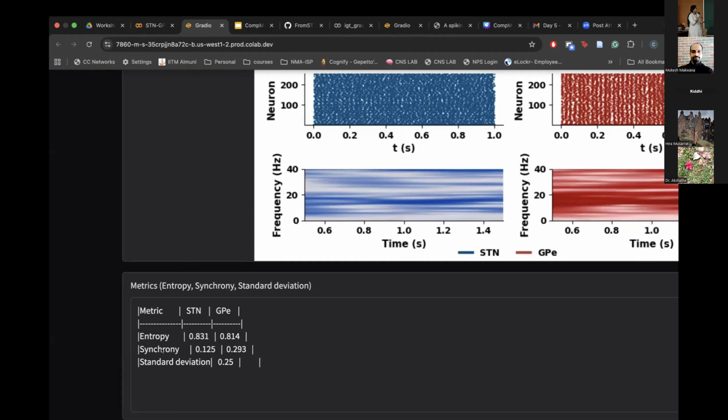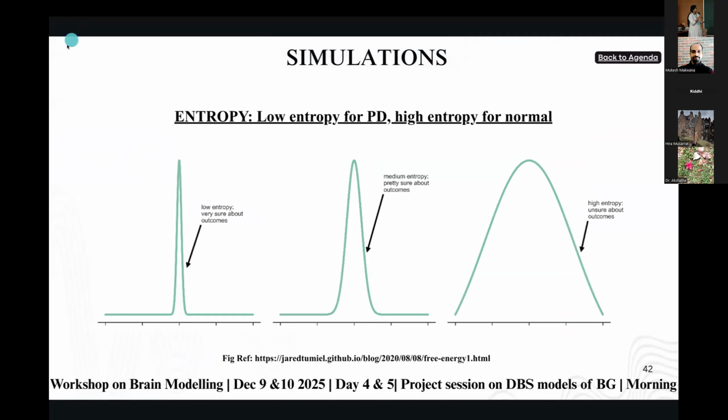Do you guys understand what entropy is in general? Yes, ma'am. Yeah, it is a measure of randomness, right? Now, there's something called spectral entropy. What is spectral entropy? Maybe I'll give you an intuitive understanding. The mathematical formula you can understand later. Intuitively, if I take an FFT spectrum and there is a very sharp peak at one frequency, then it is low entropy.